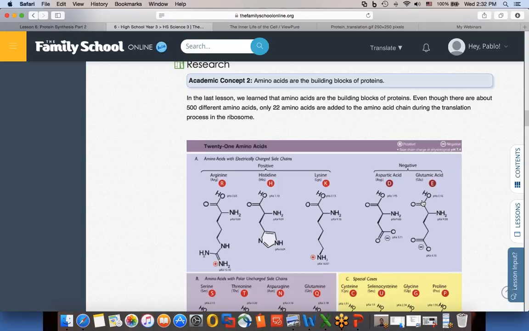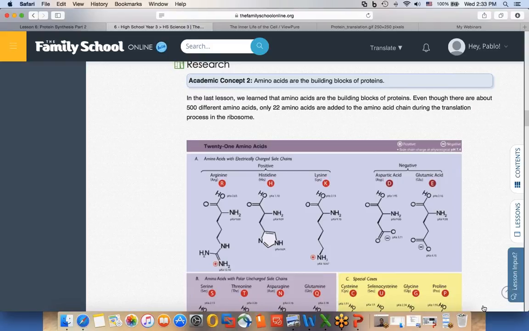Okay, so like we had talked about, amino acids are the building blocks of organic compounds. And amino acids are composed of an amine and a carboxylic acid.